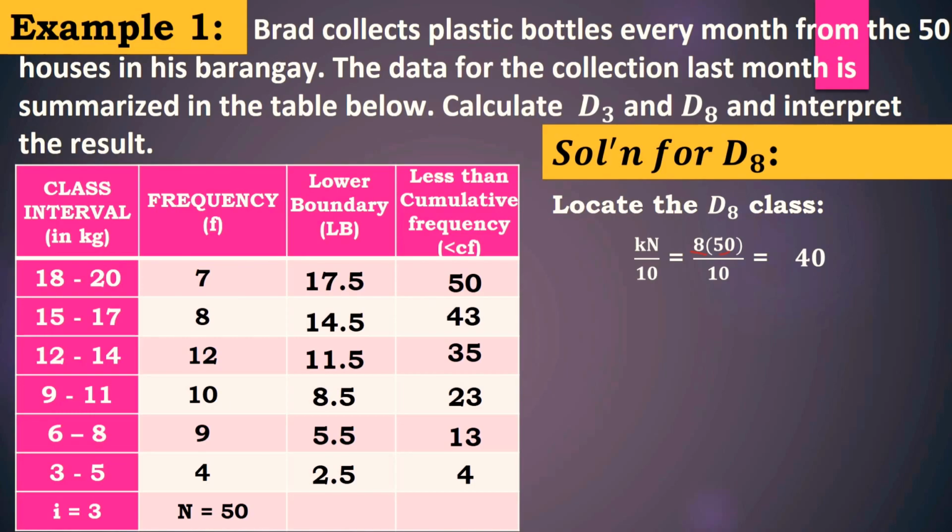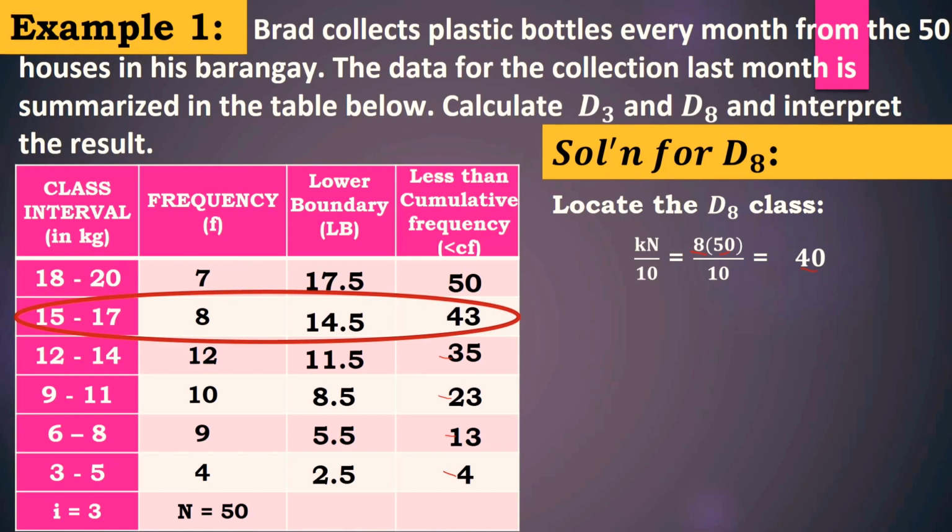So now, let's look at the less than cumulative frequency where 40 is less than or equal to. So 40 is greater than 4, 40 is greater than 13, 40 is greater than 23, 40 is greater than 35, and 40 is less than 43. So it means that d sub 8 class is in the class interval 5 to 17.